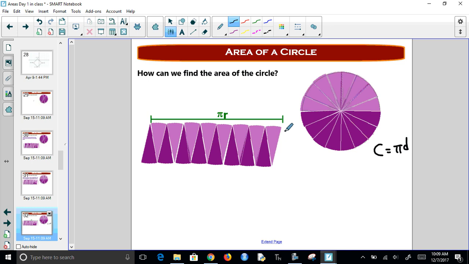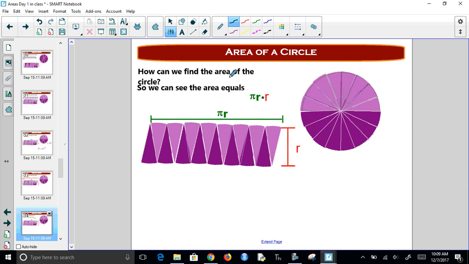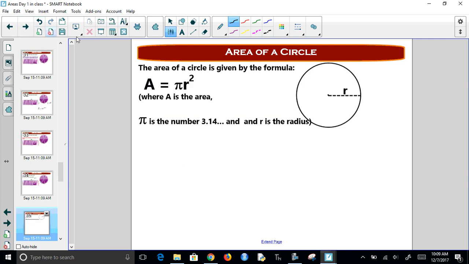I also know that this distance here is a radius. So I take pi times radius times radius. So that's how we get pi times r squared. That's how it is. Now from here, I think you should be able to do the rest of the work. Good luck.